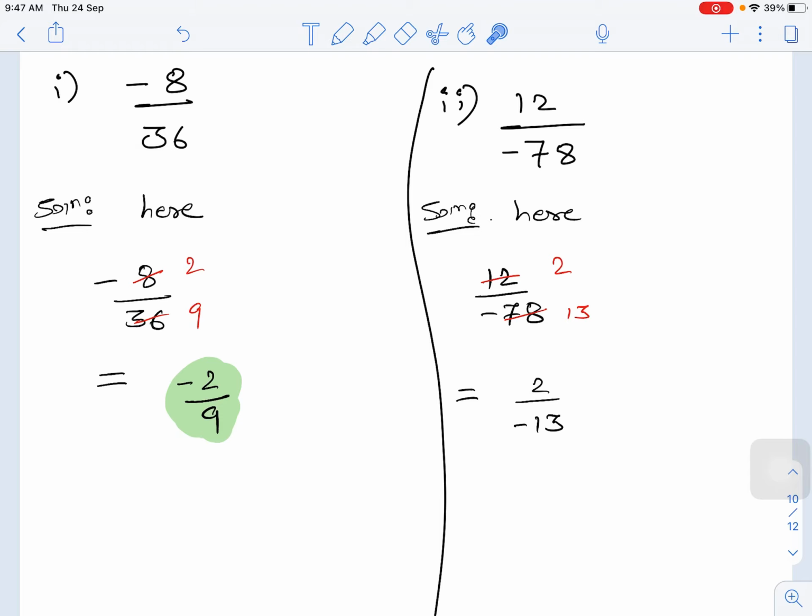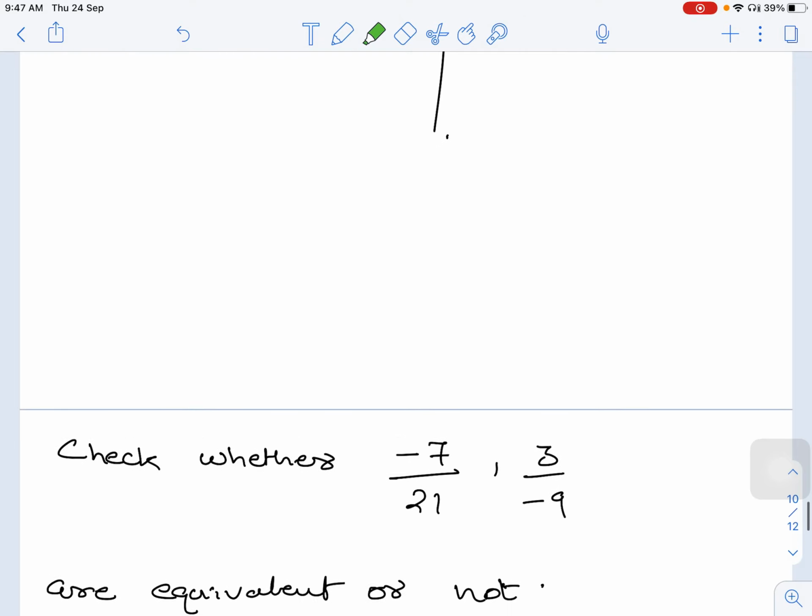Now this number is in lowest form, but our denominator is a negative. For making it standard we want this one positive. So how to make it positive? Just bring this minus and keep it here. So your answer will be equals to minus 2 upon 13. Okay, so now this is lowest form also and denominator is positive. So this is our final answer.